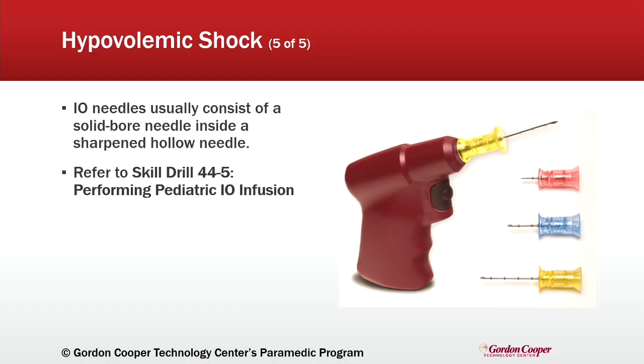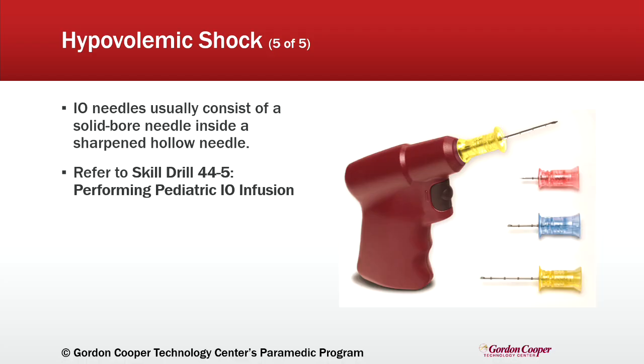IO needles come in different styles other than the one you see here on your screen. There are a few different types of these, but they're typically double needles consisting of a solid core needle inside a sharpened hollow needle.